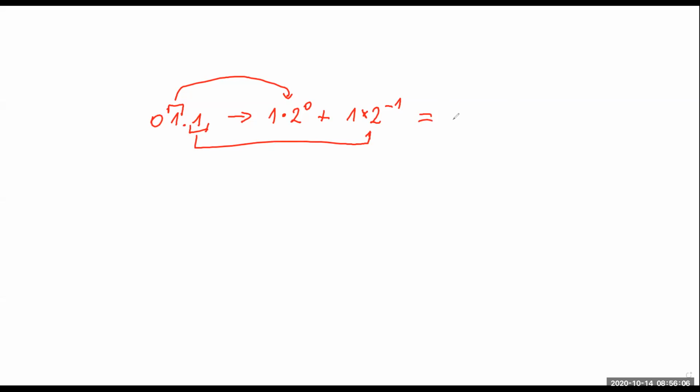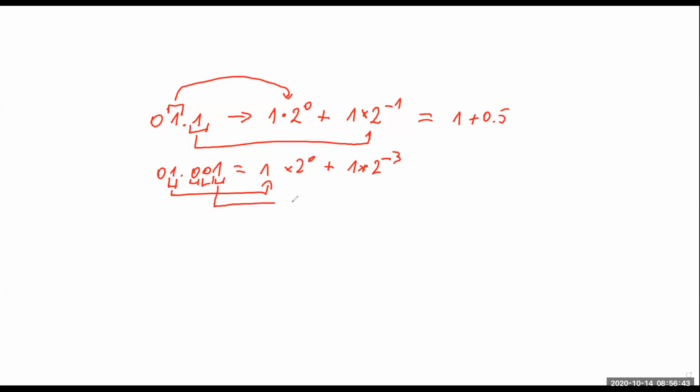But if I have 0, 0, 1, 0, 0, 1, this value refers to 1 times 2 to the power 0, but here the first position after the point is minus 1, then minus 2, minus 3, so I have to add 1 times 2 to the power minus 3.